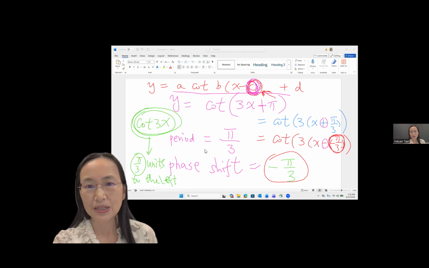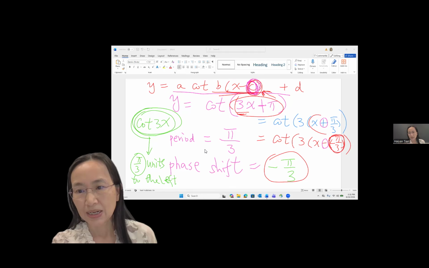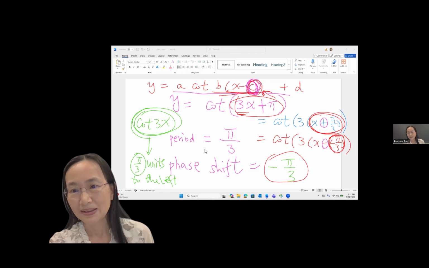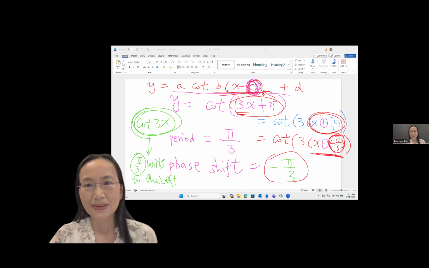I also want to remind you that when it's not written in the standard form, you must rewrite it, right? For example, here, the 3 must be factored. So your x variable is now standing out with x plus a number or x minus a number, no matter what it is, to show the phase shift more explicitly. Okay, that's all.